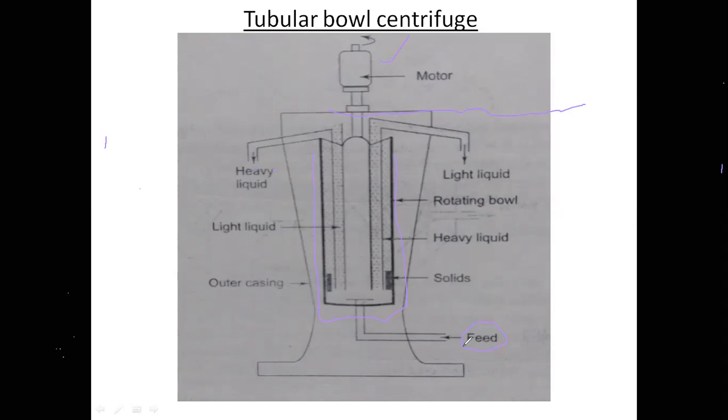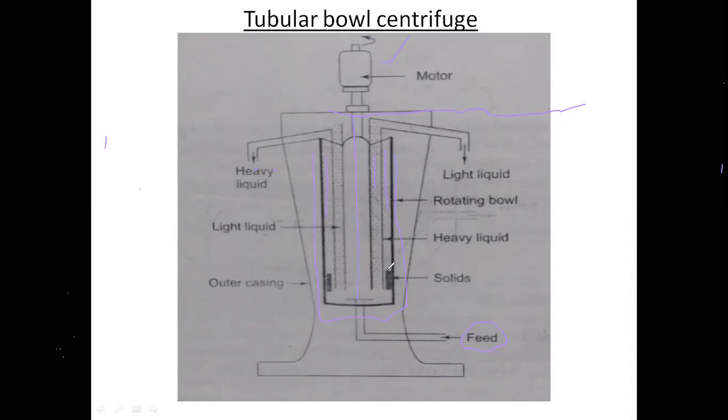So the operation, if you see here, when the motor rotates and the feed enters this cylindrical tank, the heavy liquid will be thrown towards the walls of the cylinder. The light liquid will be concentrated near the axis of this cylinder.